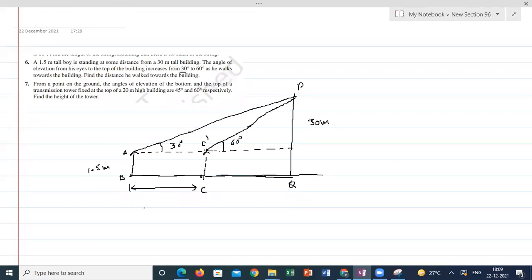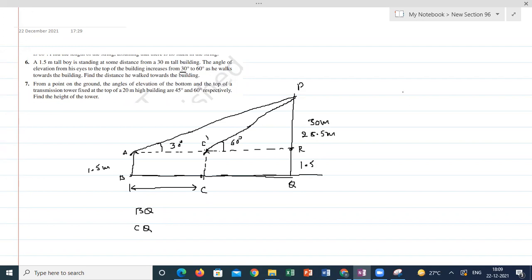How to calculate BC? If I am able to calculate BQ and CQ, it will be easy to calculate BC. Taking this point as R, QR is 1.5 meter, so PR will be 28.5 meter.